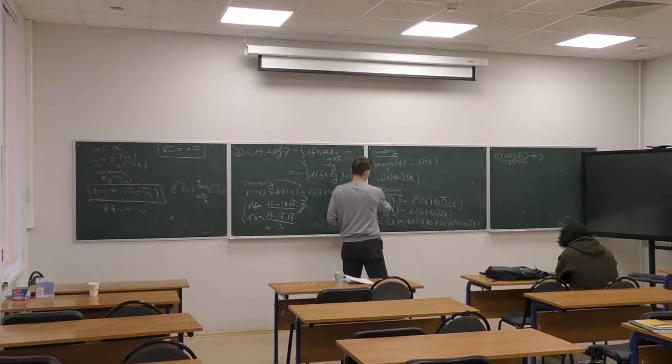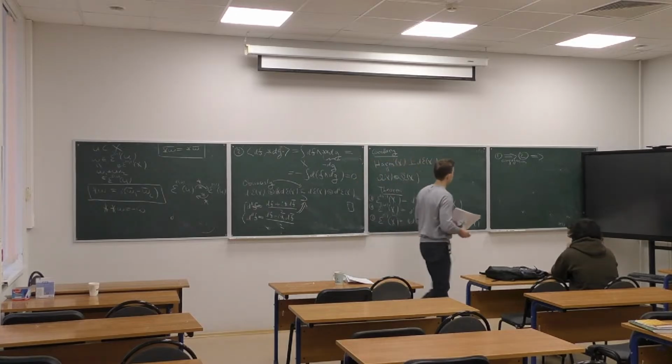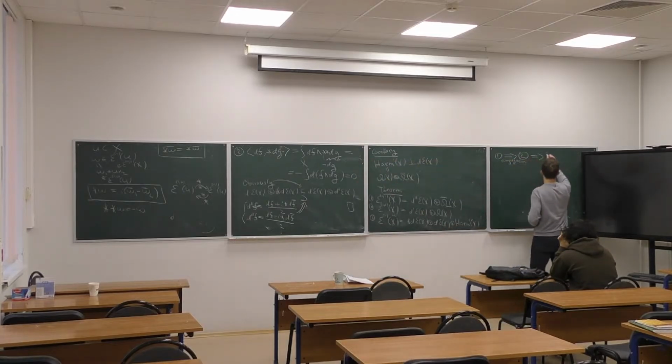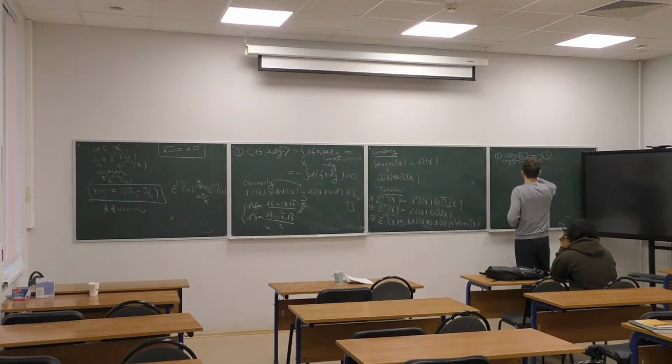The sum of forms of type 1,0 and 0,1 is the whole space of smooth forms. So this is obvious.